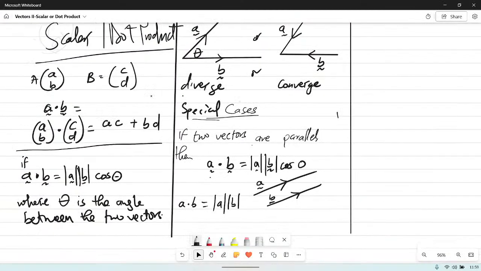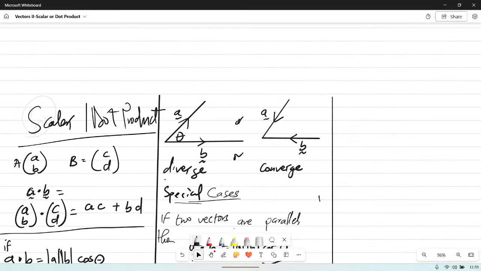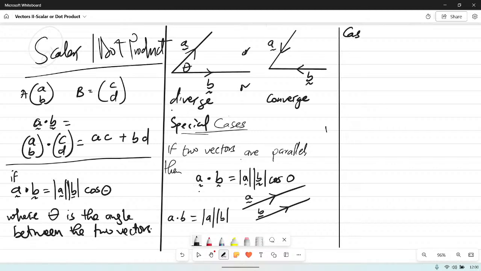Now case two, if the two vectors are perpendicular, what happens?